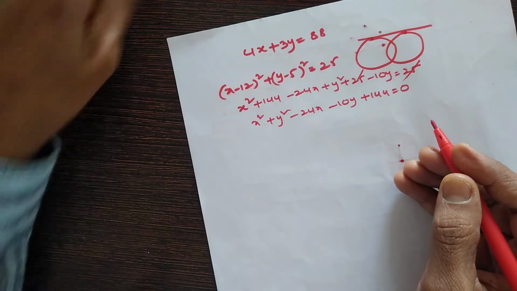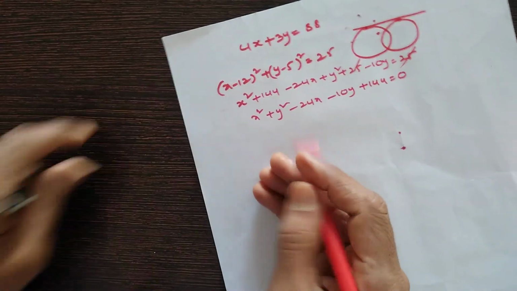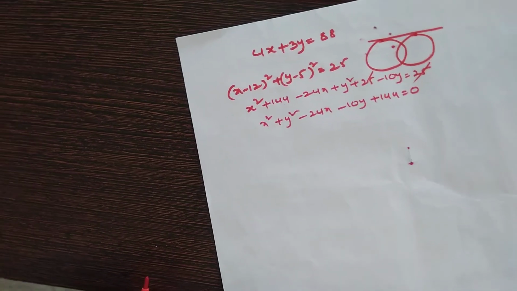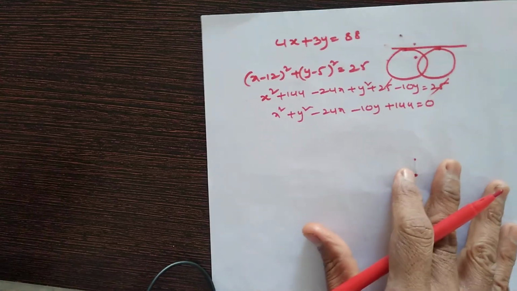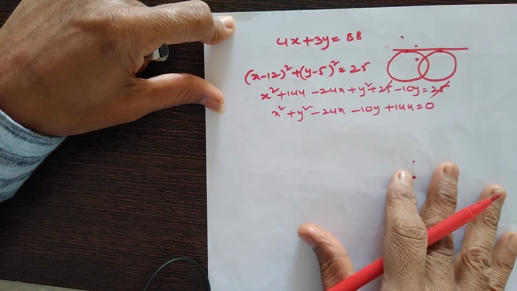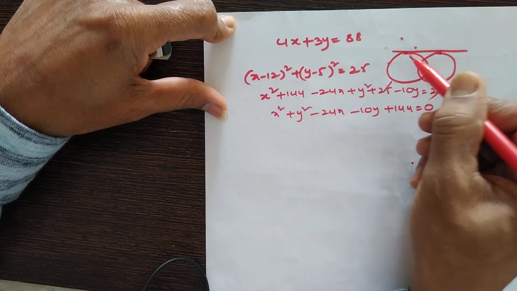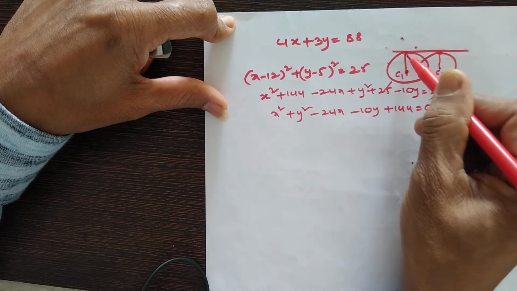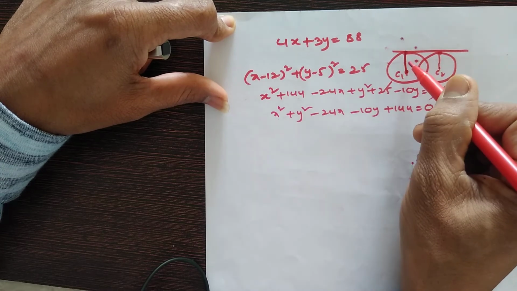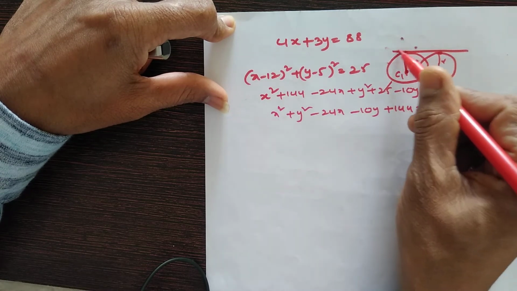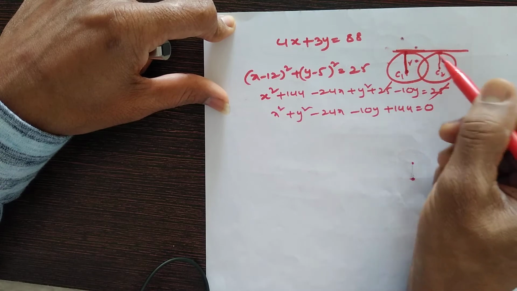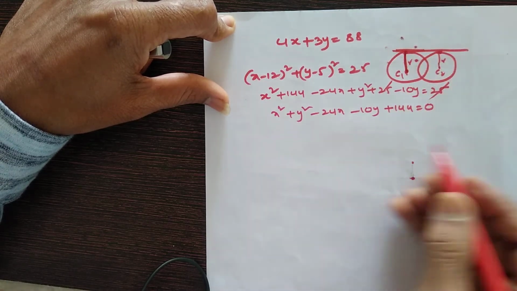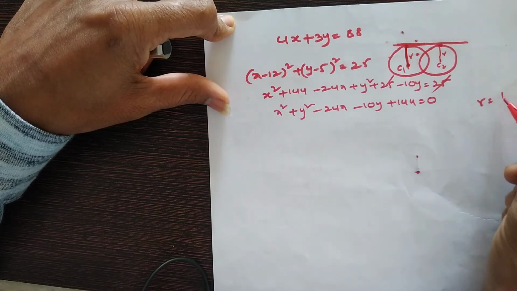Tangent to the circle means you need to remember one condition. See here, the radius is perpendicular to the line, so r is equal to the perpendicular distance.